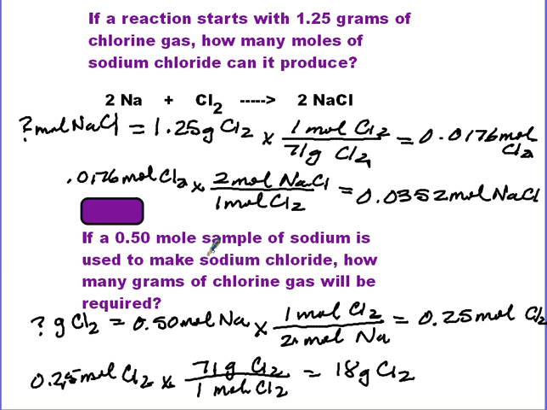Down here, I started with moles. I wanted to know how many grams. So since I was in moles to begin with, I started right off with my molar ratio. Then I took the moles of chlorine and changed it to grams.